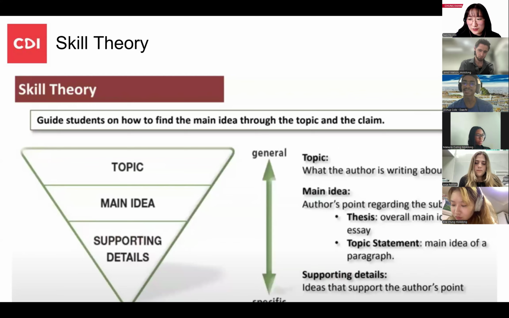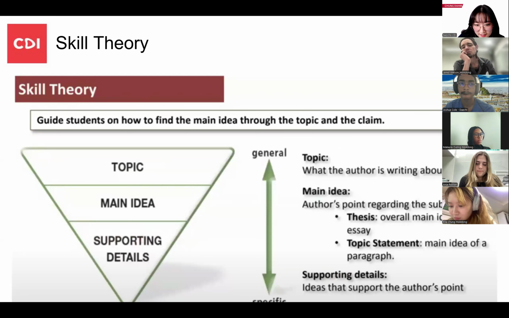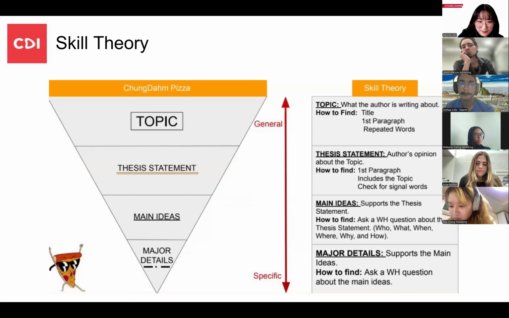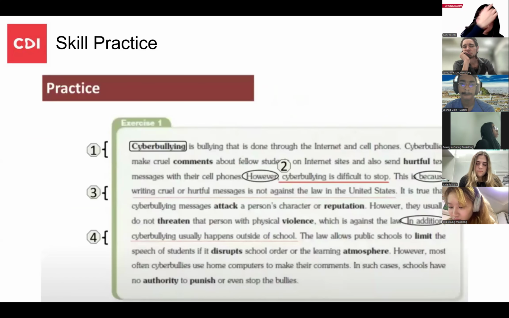And hopefully it's sort of like universal throughout your branch so that even if they get a different teacher the next semester, the markings are still the same, something that they can recognize. So again, we can see it's very similar to the Cheongdam pizza that we've been teaching this semester that we all know and love.